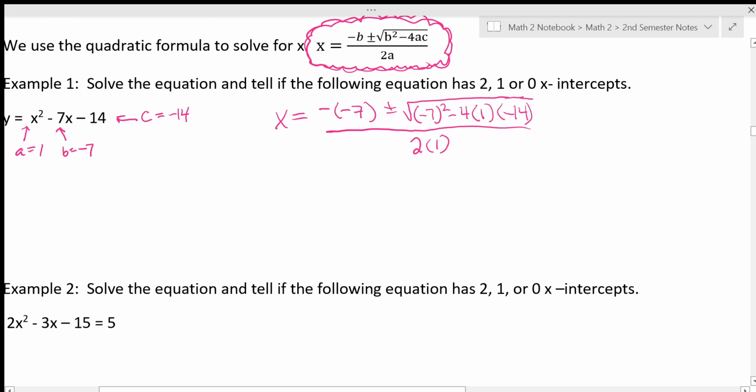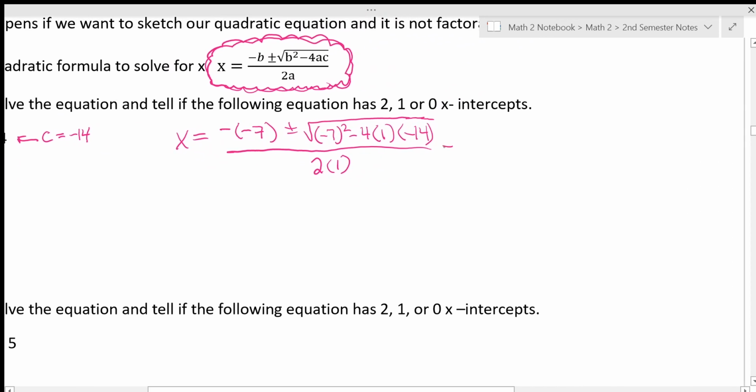Okay, so the negative 7 is going to make that front term a positive 7. We're going to have plus or minus still. Then under my square root, I've got b squared, that's 49, minus 4 times a times c. So 4 times a times c, I've got this negative here and the minus out in front, so that's going to become a plus because I have only one negative there.